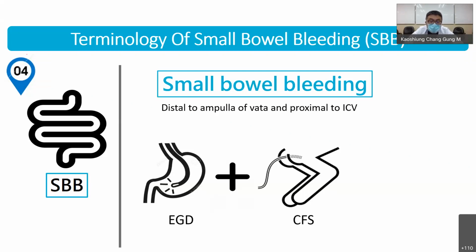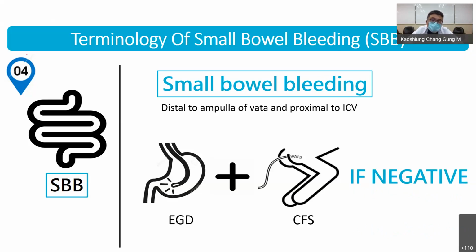But nowadays we call the bleeder from the small intestine small bowel bleeding, not middle GI bleeding or obscure bleeding. That means in small bowel bleeding the bleeder is distal to the ampulla of Vater and proximal to the ileocecal valve. Okay, that means the bleeder is from the small intestine.